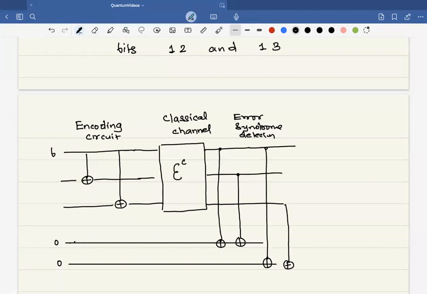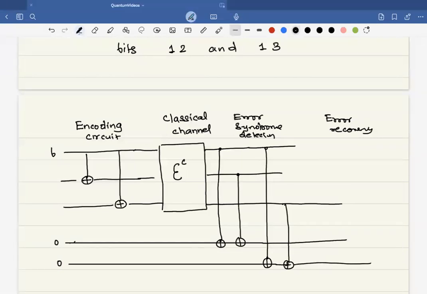And now, once we have done the parity check, then we know what type of error has occurred. So finally, the final step will be error recovery. So in this case, the error syndrome detection would lead us to make some conclusions on which bit the error has occurred.